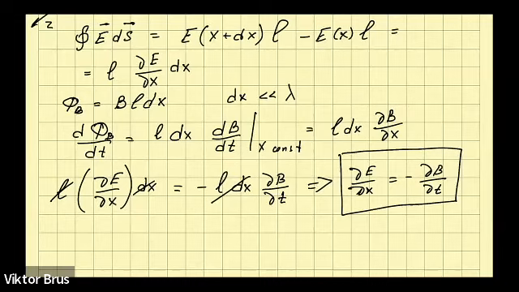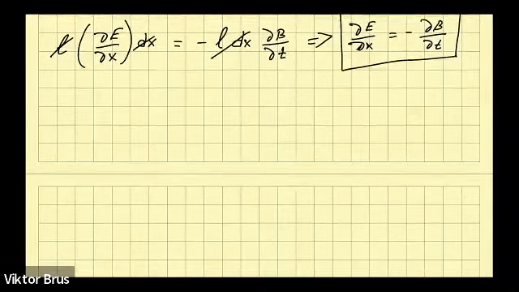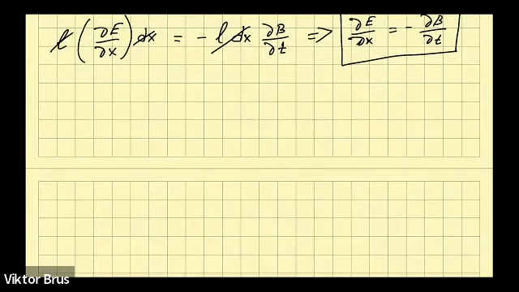Our next step will be to consider the fourth Maxwell equation, which also has this integral over a closed path of the magnetic field vector times ds vector, which we considered in detail last time, and repeat this procedure in a similar way. So now let us draw again a system of coordinates.